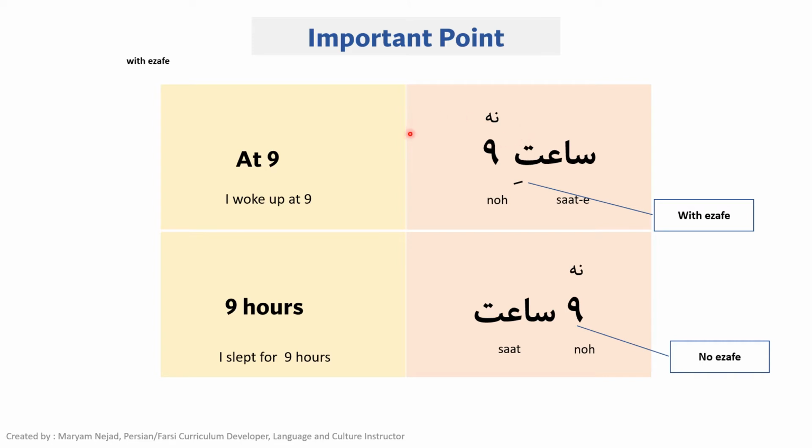Sometimes students first say the number and then they say sa'at. If you switch that, then the meaning changes from at 9 to 9 hours. So no sa'at means 9 hours. For example, something like I slept for 9 hours, then we use no sa'at. But if I want to say I woke up at 9 a.m., then I would say sa'ate no.